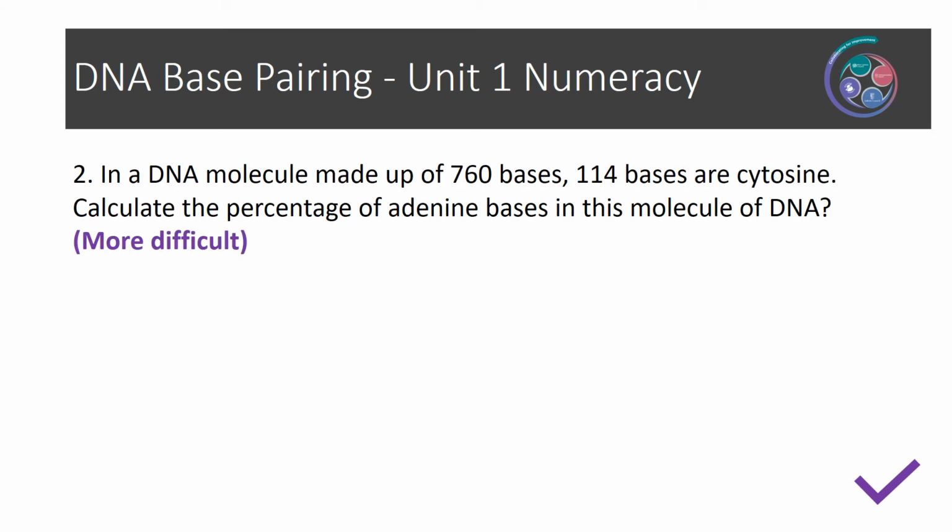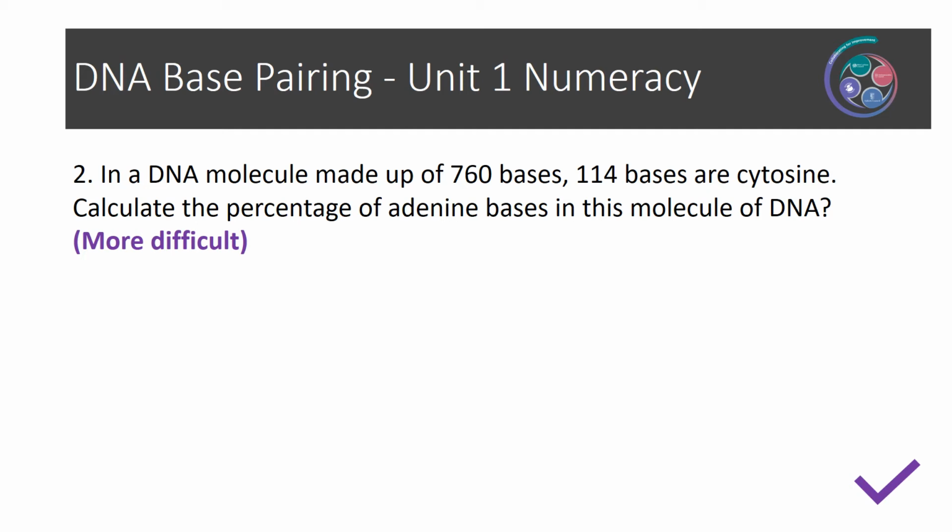Question 2. In a DNA molecule made up of 760 bases, 114 bases are cytosine. Calculate the percentage of adenine bases in this molecule of DNA. So here we're looking at the one molecule of DNA in total.